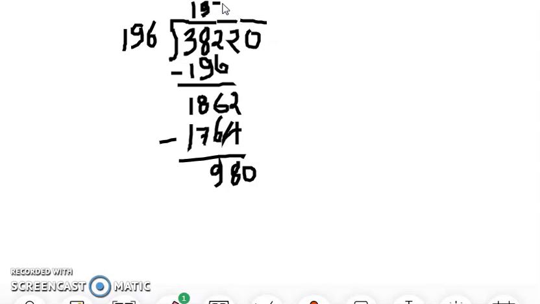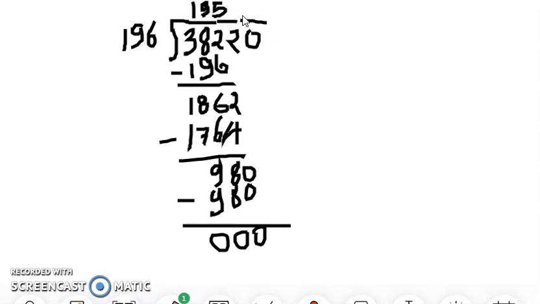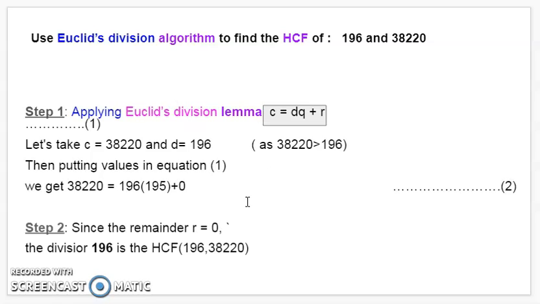Now we will take 5, 5 sixes are 30, 3 carry 5 is 45, 48, 4 carry 5 on the 5 is 9. So this is solved. We get the quotient 195 and the remainder R, which is 0.